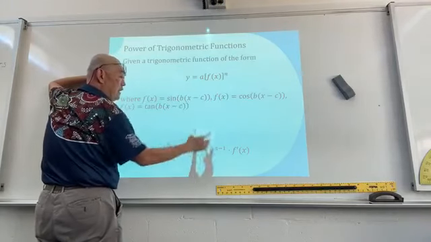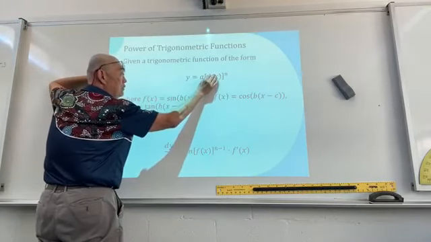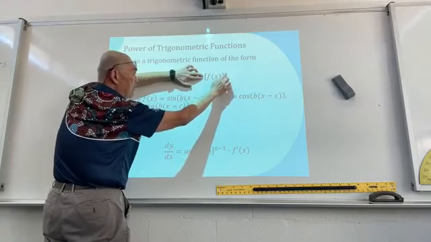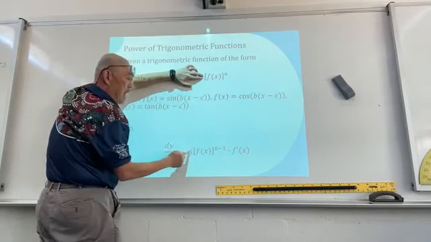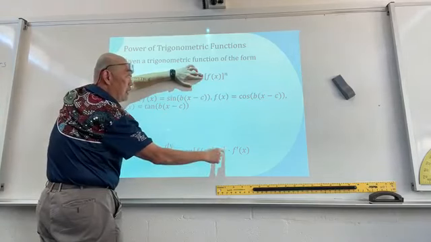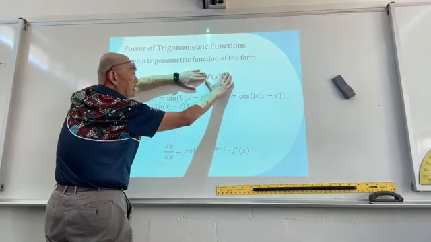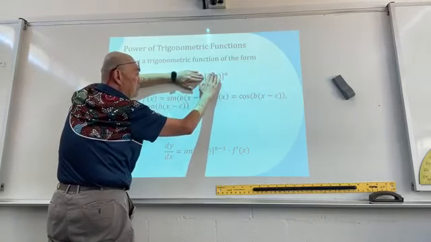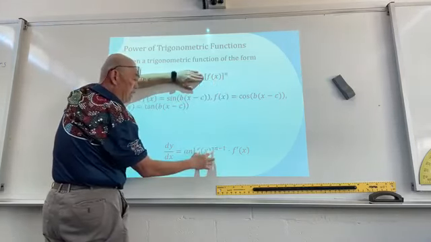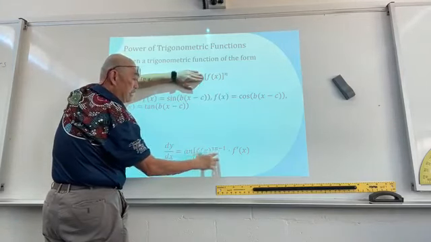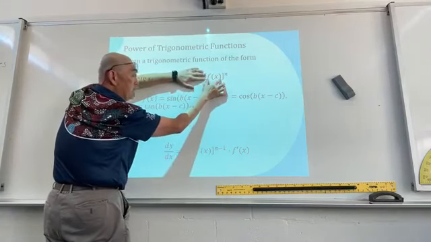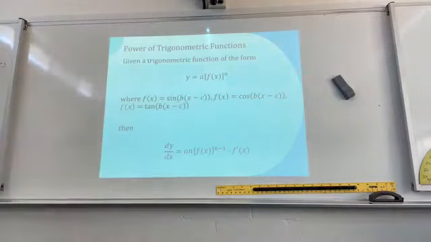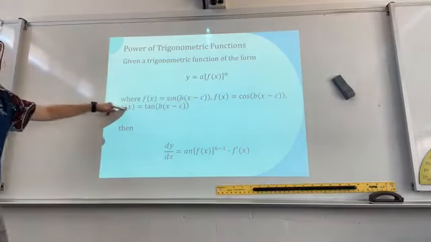So make sure that you differentiate that, which becomes the power rule, n times that function to the n minus 1, and then differentiate the inside. Remember, differentiate the outside first, then differentiate the inside. It could be sine, it could be cos, and it could be tan.